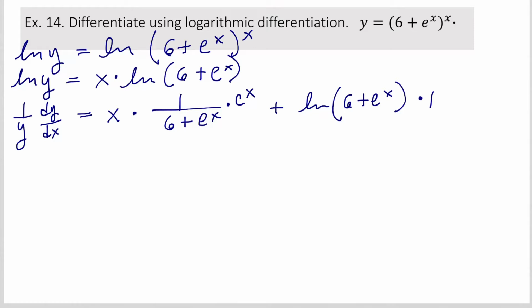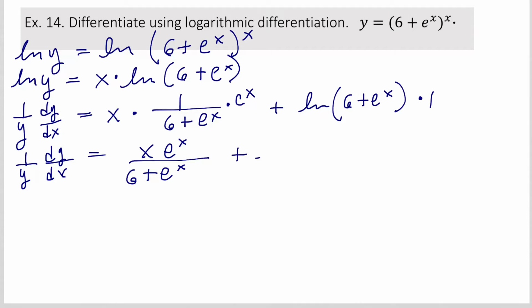All right, let's clean this up a little first. So I've got x e to the x in the numerator, 6 plus e to the x in the denominator, and then I've got the natural log of 6 plus e to the x.